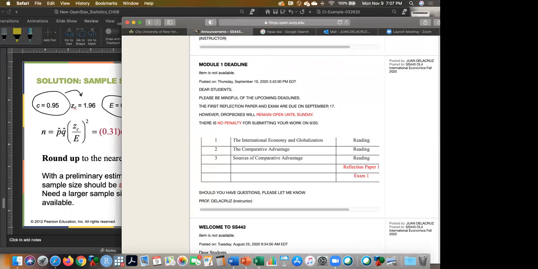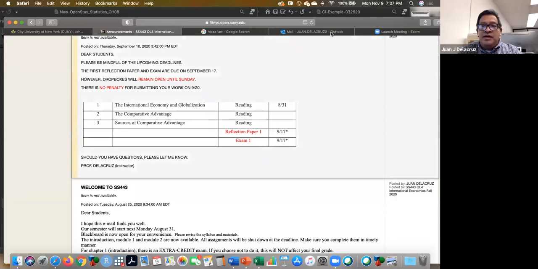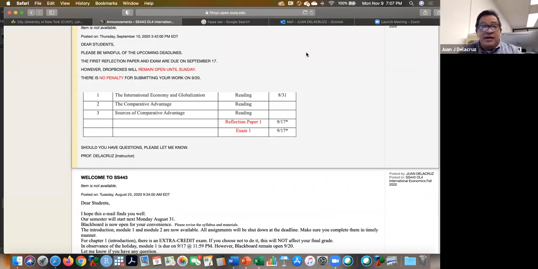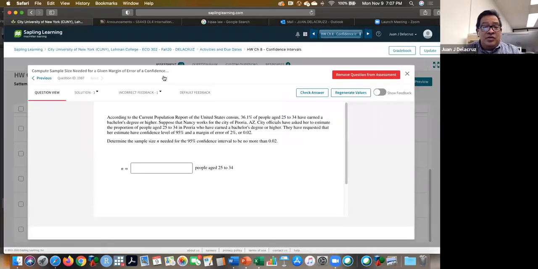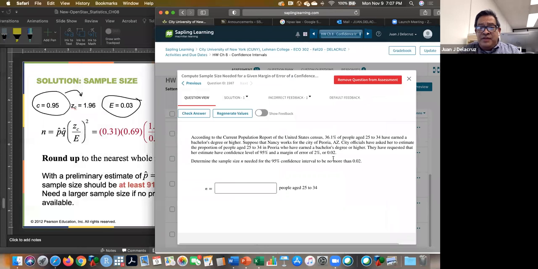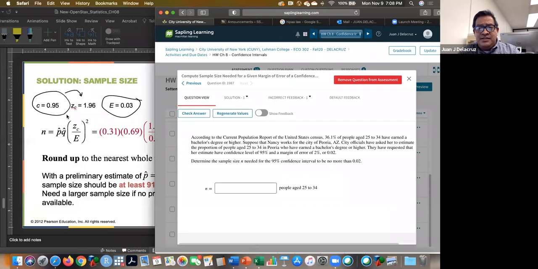I think we just apply the formula because we already have everything. We have alpha, we have the error. Yes, exactly. P and Q. We have the margin of error, right? We have the level of confidence.